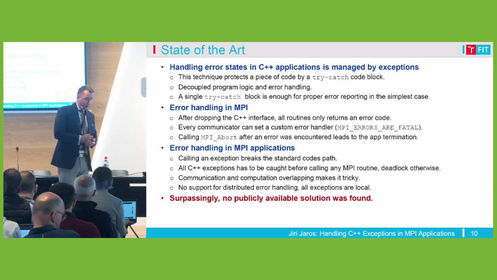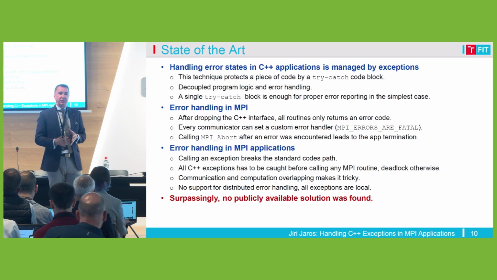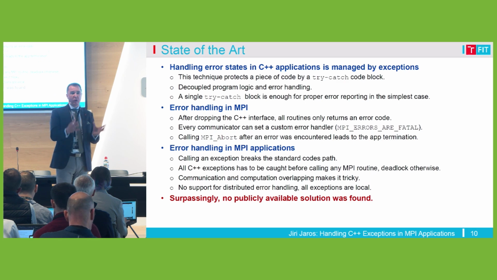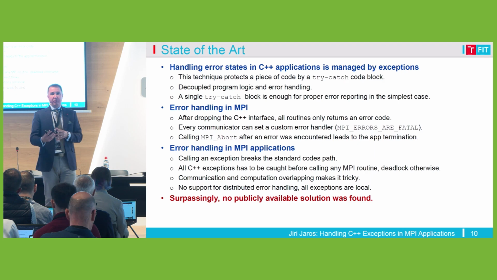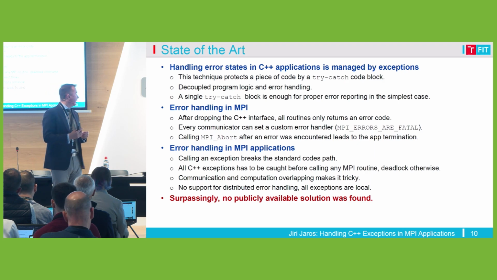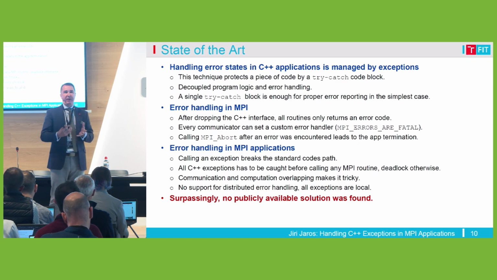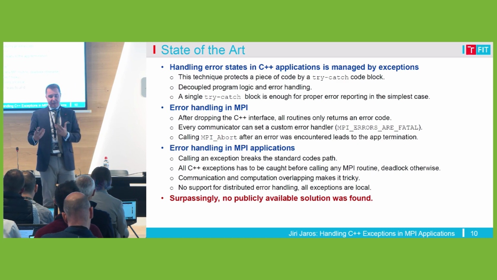Yeah. So when I was looking at some solutions, a lot of papers are about handling hardware errors. For example, the whole node crashed and how we can recover from this node crash and so on. I found only a single paper talking about how to handle errors in MPI codes and how to distribute these errors.